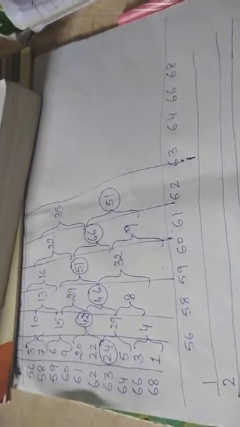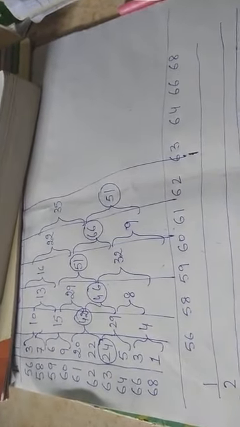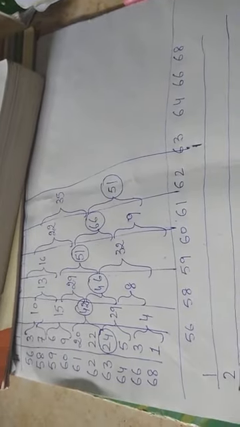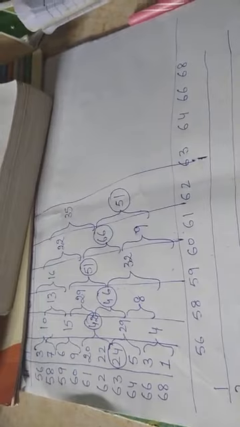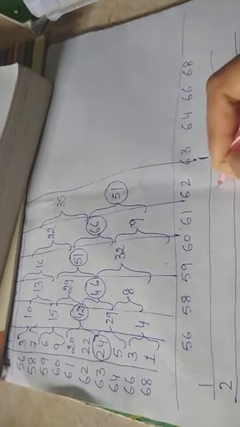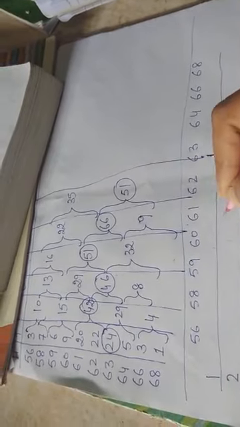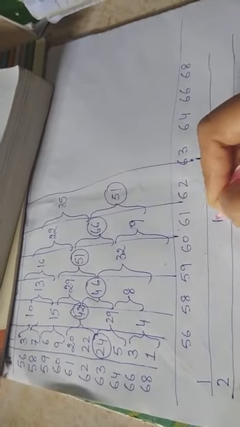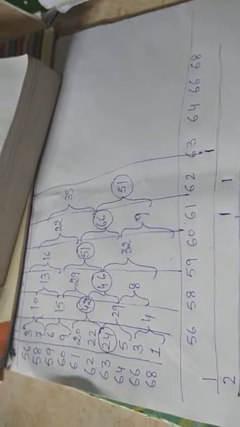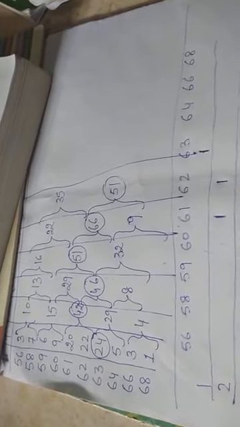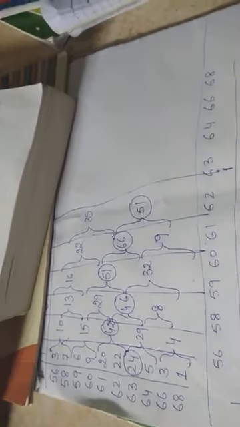Now in second column, as I can observe, 42 is the highest, and this is a sum total of 20 and 22. And to what values of x this corresponds? This corresponds to 61 and 62. So I will mark one tally 62 and 61. Same way I will assign the tallies to each corresponding value.